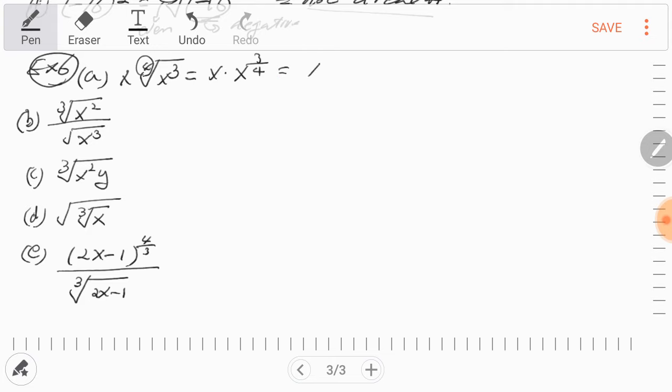And since the bases are the same, we can add the exponents. Sorry, this is not right. So 1 is 4 over 4 plus 3 over 4. So that is 7 over 4.